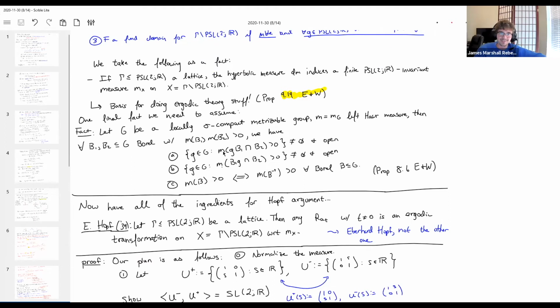You have that the measure of the translates intersected with each other will be bigger than 0 is non-trivial, so there exists something such that when I translate B1, it eventually intersects B2 non-trivially. And same way going on the right. And then there's this nice fact here, which I don't think we use at all. And this is proposition 8.6.